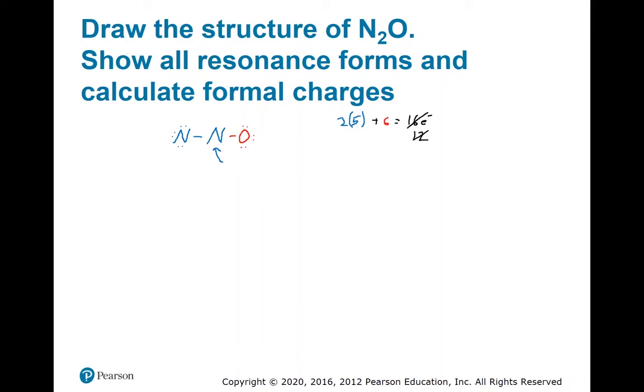I said you have 3 choices here for 3 different resonance forms. The first choice is we could take both of those lone pairs from the nitrogen on the left-hand side, so that would leave us with 3 lone pairs minus 2 lone pairs, so just 1 lone pair, and both of those are bonds now, so we go from a single bond to a triple bond. And our oxygen is the same.